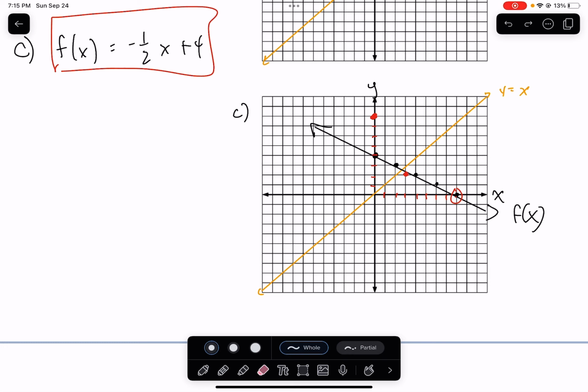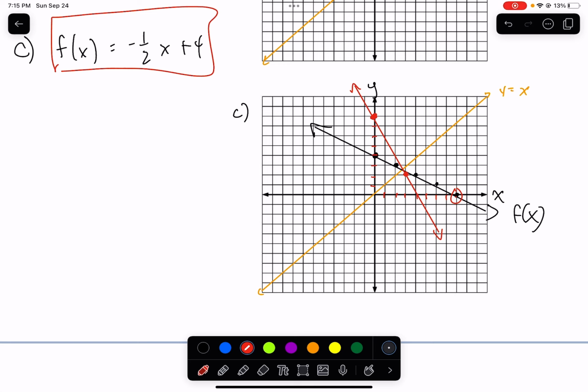Oops, I did the wrong thing. I can just connect these 2 points, and I can see that that red line is a reflection of the black line in the y equals x orange line, which is the definition of the inverse.